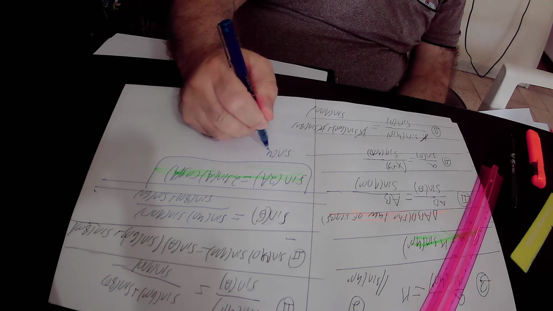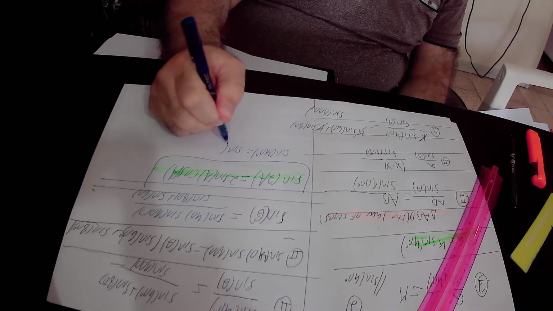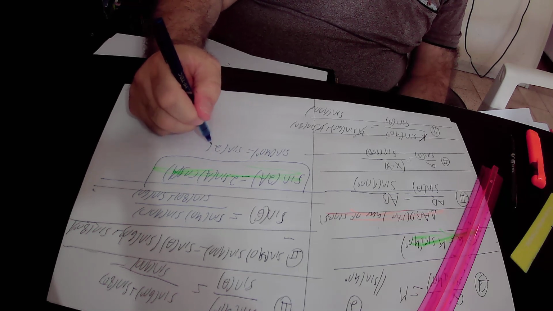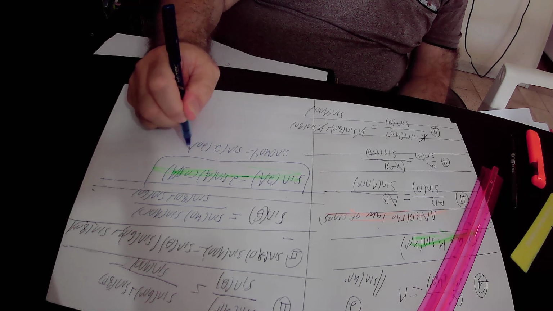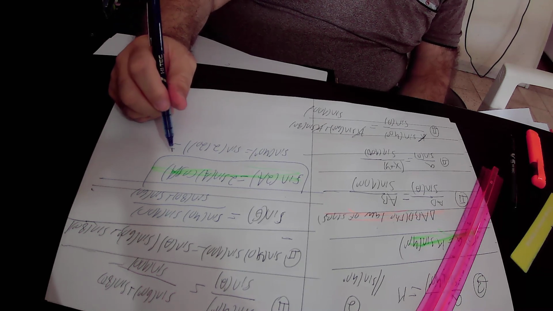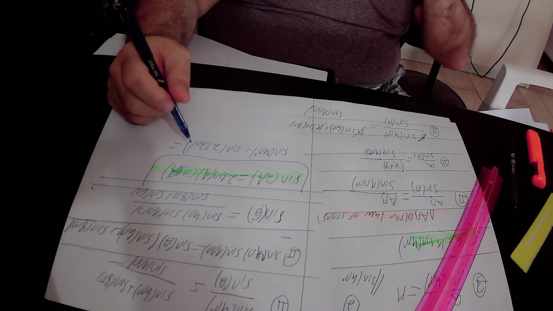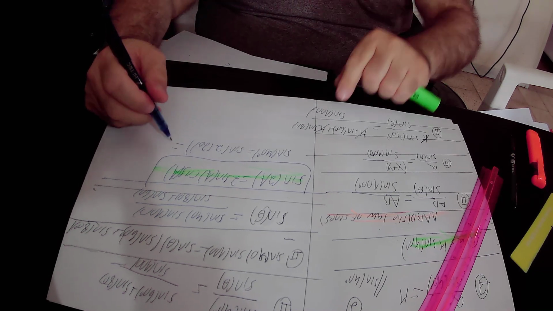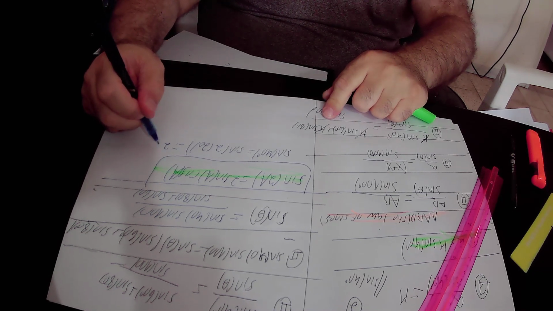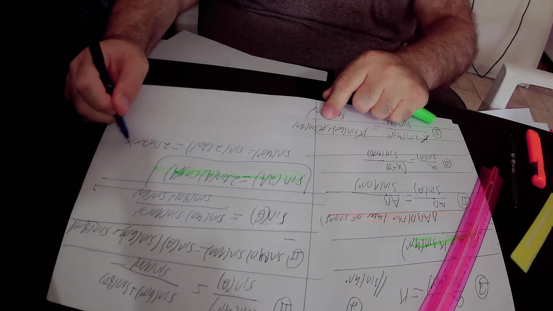Sine 40 degrees is equal to sine 2 times 20 degrees, and according to this identity, sine 2 times 20 degrees will be equal to 2 times sine 20 degrees times cosine 20 degrees.